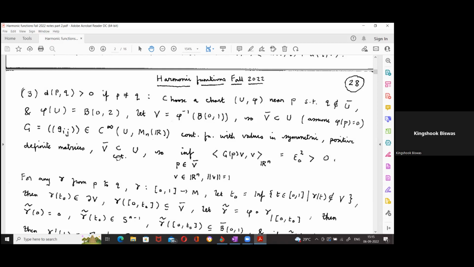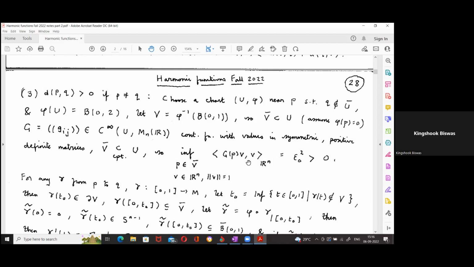And V closure is a compact subset of U. So if I take the infimum over points P in V closure and vectors v in R^n of length 1 of the inner product of G_P(v) with v, the Euclidean inner product, then as a function of P and v, this is a continuous function which is positive everywhere, and P ranges over a compact V closure, and v ranges over a compact S^(n-1).